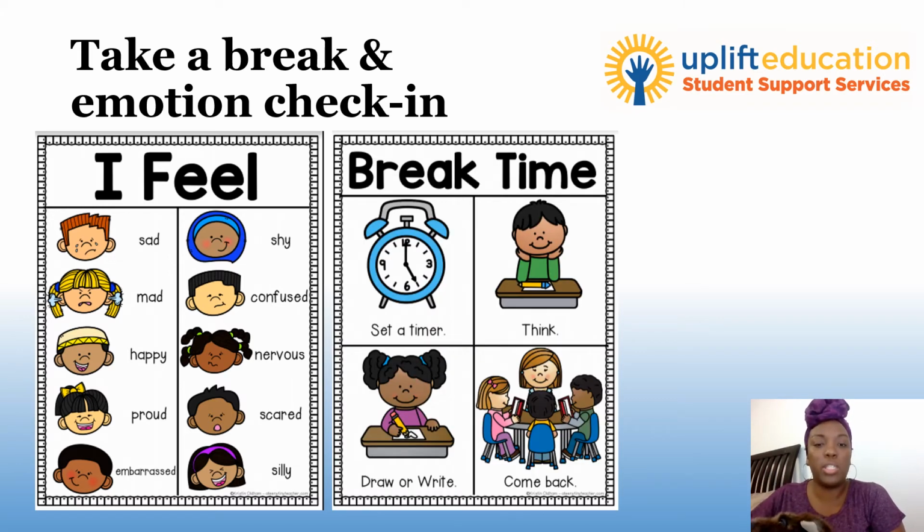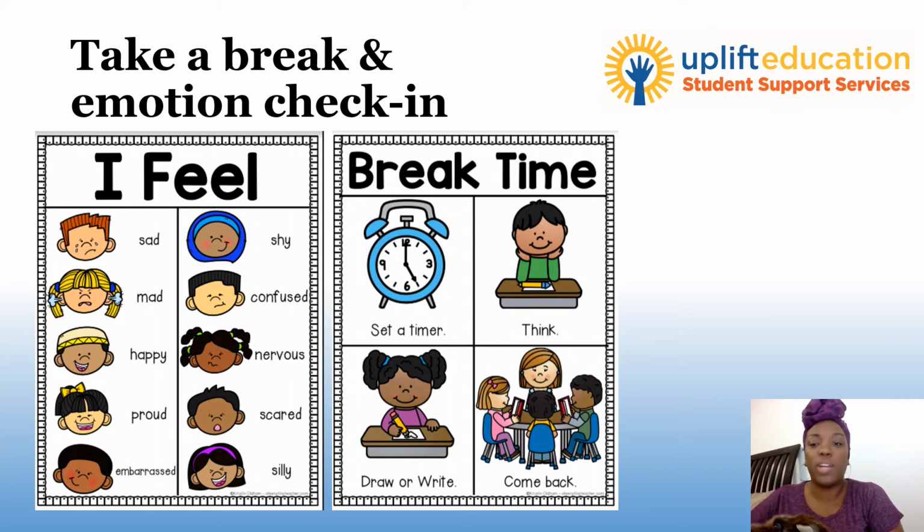But some other ones that you could do, I'll note on the next page. This is just some action steps they can do. So even at home, they could set a timer. They could think. They could draw or write about how they're feeling, and then come back to whatever that is, whether it is work or an activity with family, a game that maybe they were frustrated by.